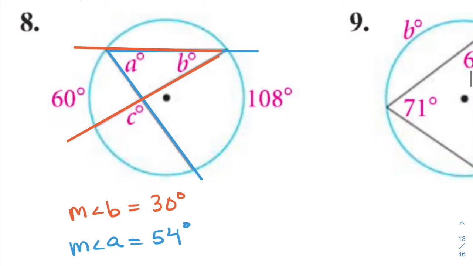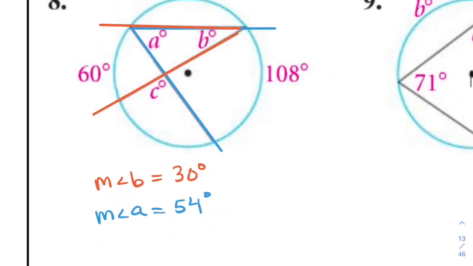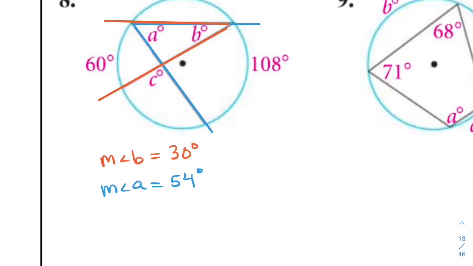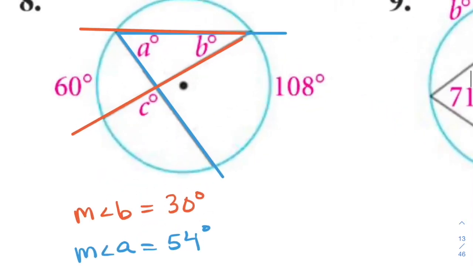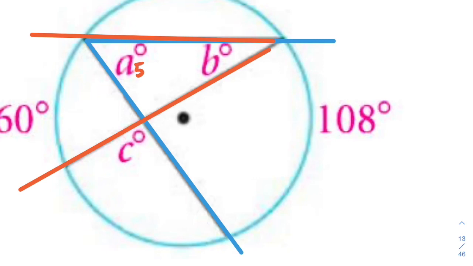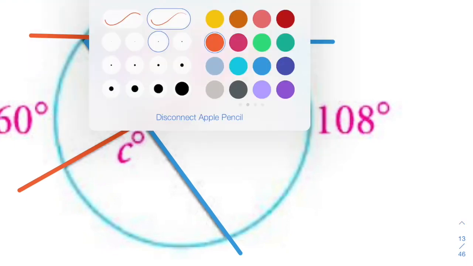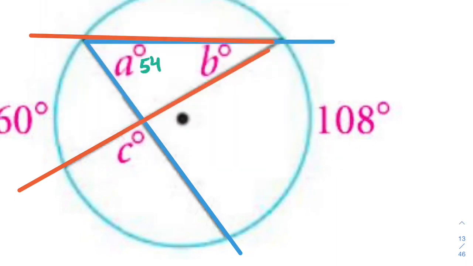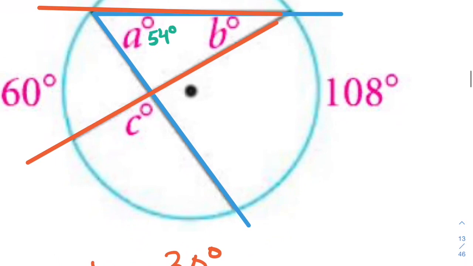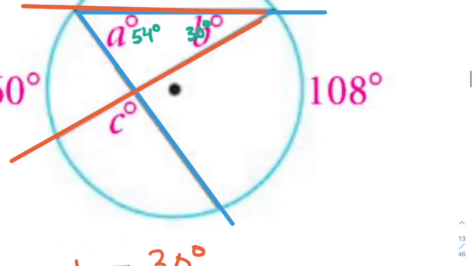And then C is a little bit hard to find, but think about it. It's a vertical angle, all right? So A is 54 degrees. If A is 54 degrees and B is 30 degrees, what I can find now is what's left over.